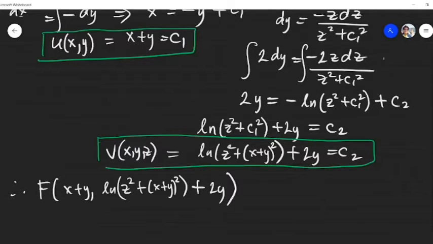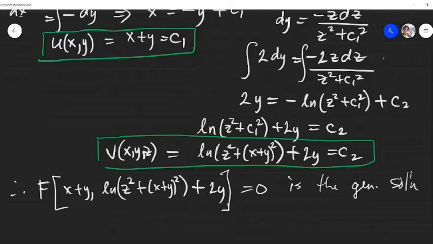Or rather, if we use brackets, which is equal to 0, is the general solution of the given partial differential equation in Lagrange form.